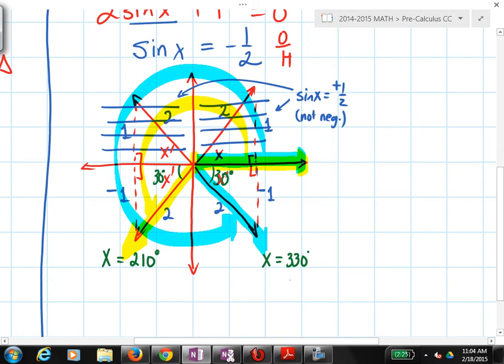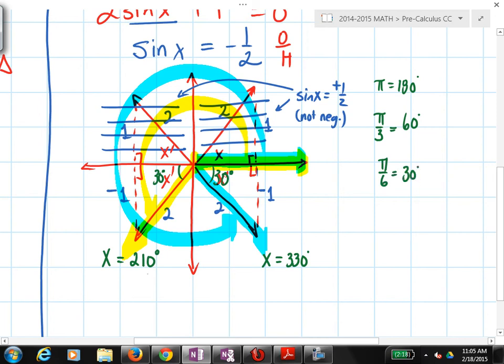Now, when you're changing them back to radians, especially if you don't have a calculator, don't forget your multiples. For example, you should already be familiar that pi is 180 degrees. The multiples I want you to be aware of: pi over 3 is what? What's 180 divided by 3? 60. And pi over 6 is 30.